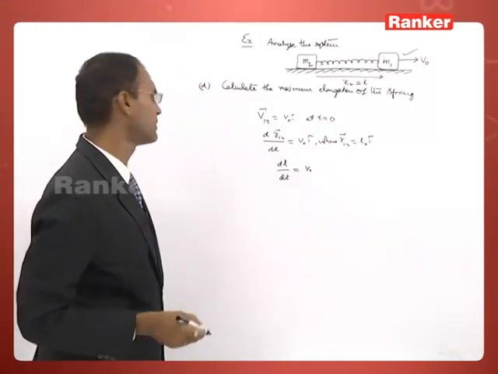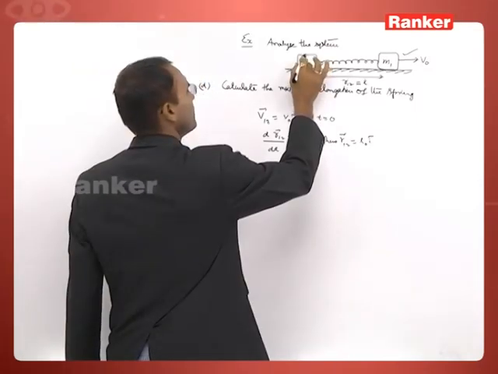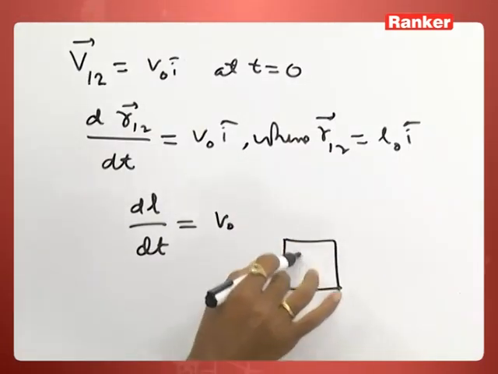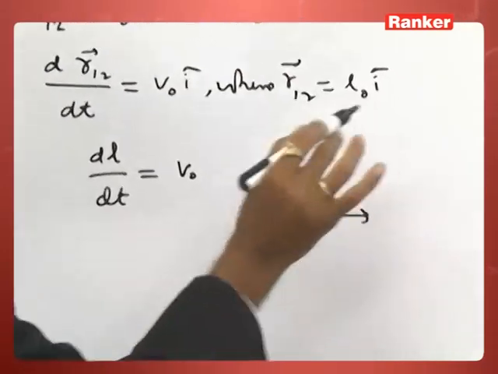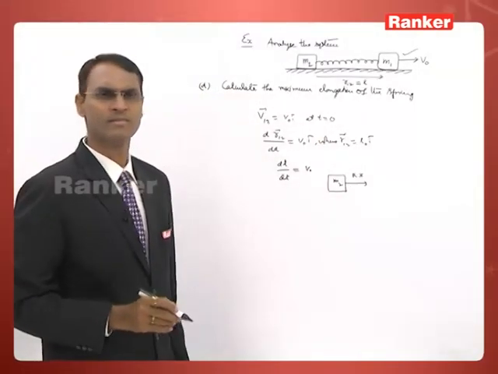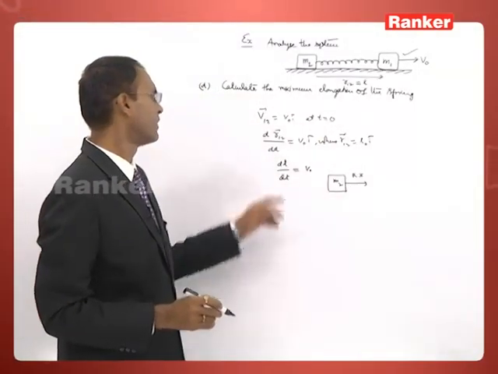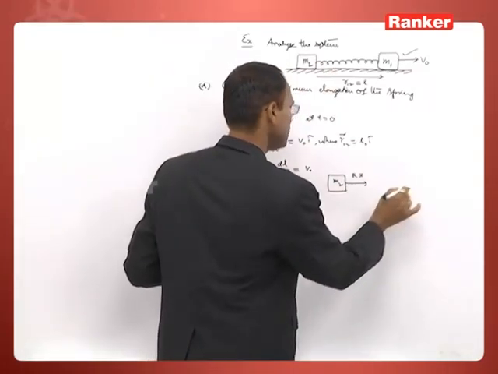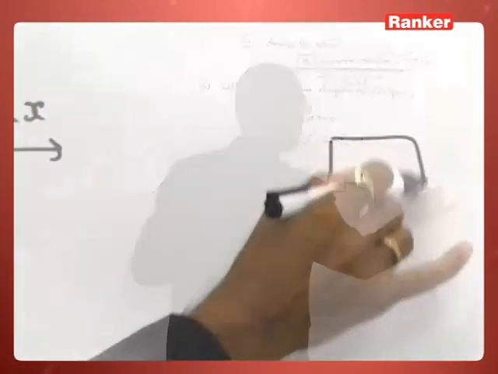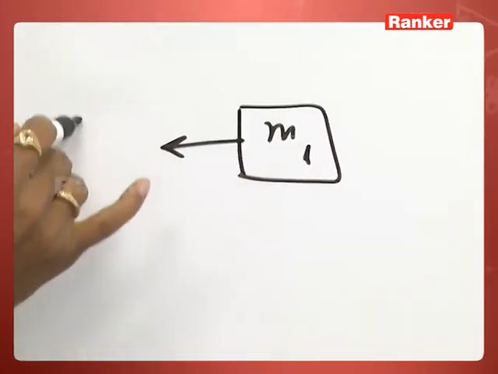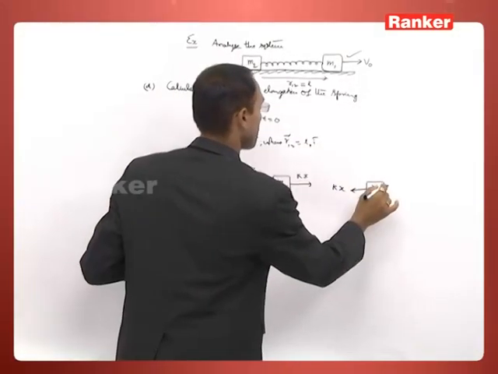But after some time, this block M2 will be pulled by the elongated spring. Once the spring gets elongated, it will pull the block M2 towards right, and it will pull the block M1 towards left.